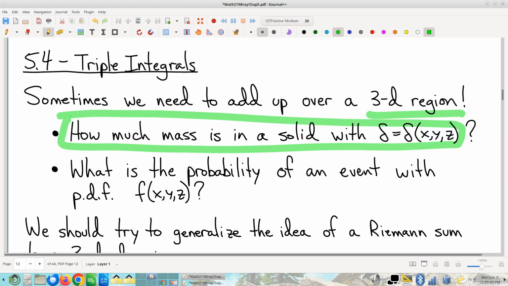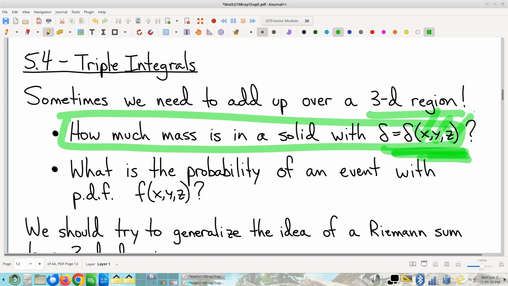So if I have a three-dimensional thing, and I want to compute the mass in that three-dimensional thing, and the density depends on three different variables, a double integral just doesn't cut it. I can't view this as distributed over an area. It's distributed over an entire volume.